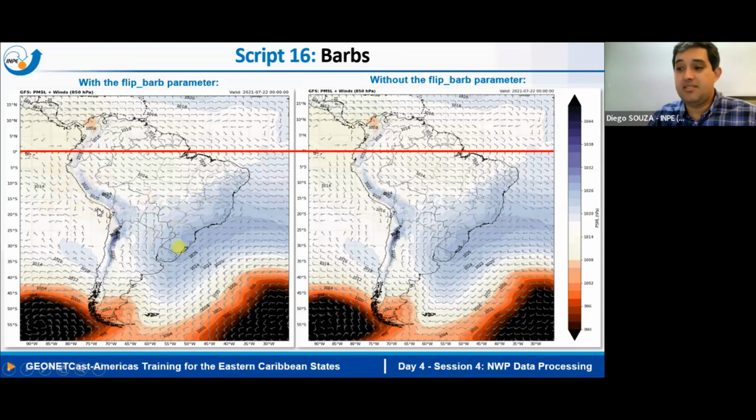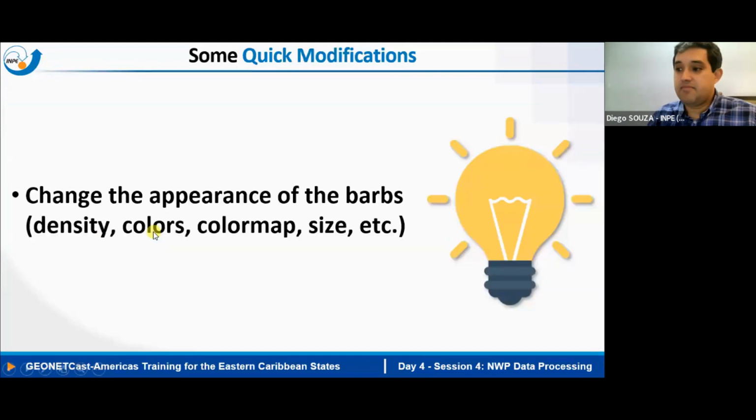I didn't notice this for the first training. We organized it here, and our meteorologist says, "Hey, you need to invert the barbs," and then we found a way to invert them, right? And here we have some quick modifications. And again, changing the appearance of the barbs, densities, the colors, etc.